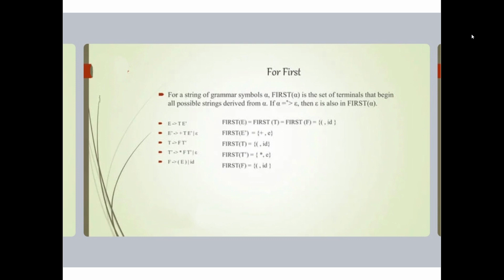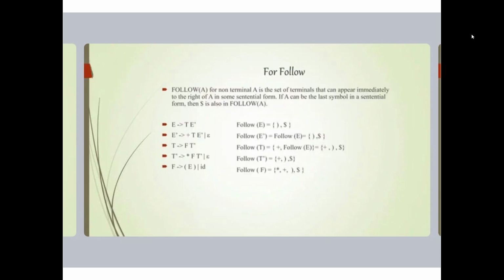And this is the FIRST for a string of grammar symbols alpha. FIRST of alpha is the set of terminals that begin all possible strings derived from alpha. And then for FOLLOW: FOLLOW of A, for non-terminal A, is a set of terminals that can appear immediately to the right of A in some sentential form.